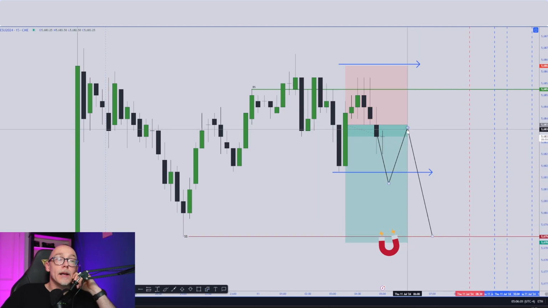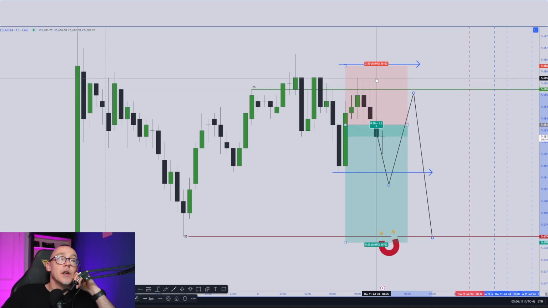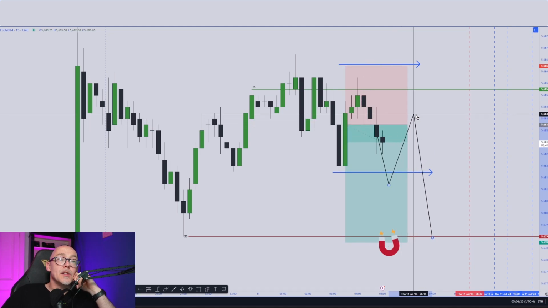But this pullback is allowed to pull back as deeply as it wants. It can pull back all the way up here and still be a lower high than this previous high, which is why you can't move your stop loss to break even. And that's why a lot of people get stopped out early. They move their stop loss to break even without considering retracements that can happen before price continues in their direction.